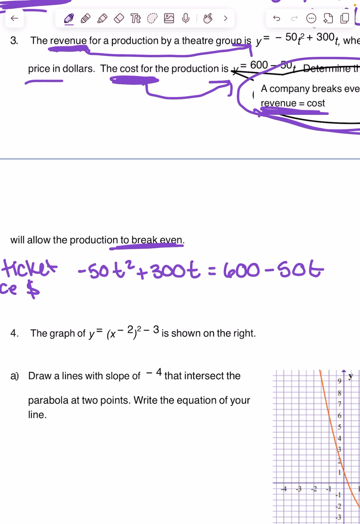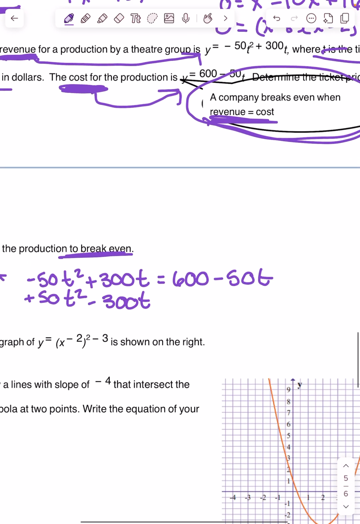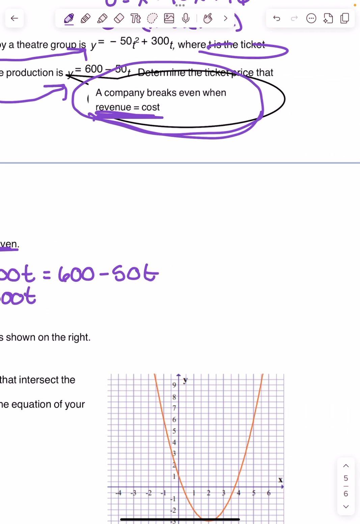I want to set this equal to 0, so I'm going to add 50 t squared and subtract 300 t from both sides. And that ends up looking like 0 is equal to 50 t squared minus 350 t plus 600.